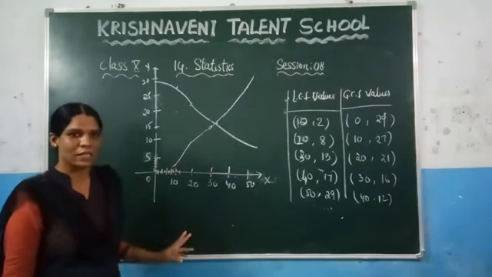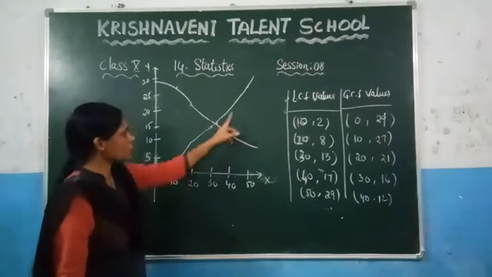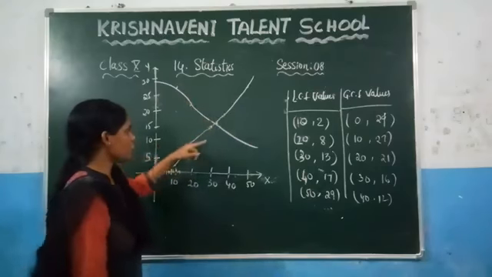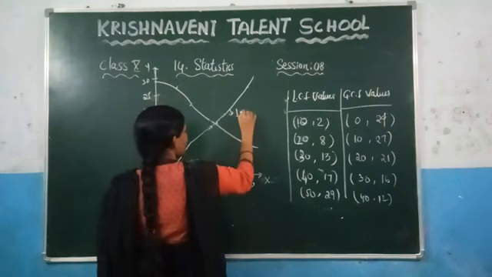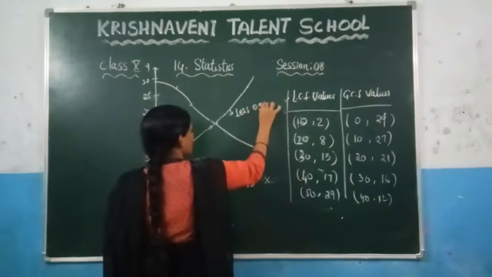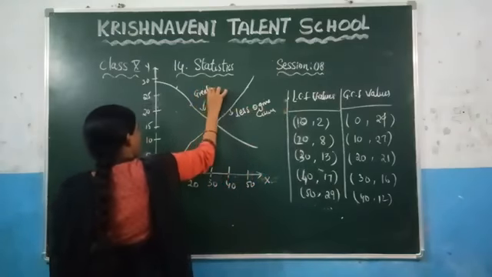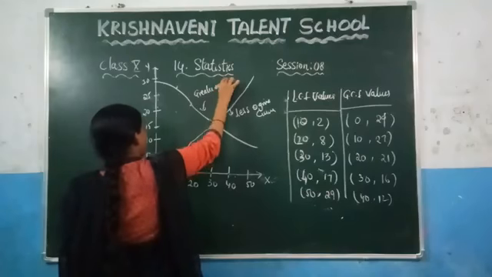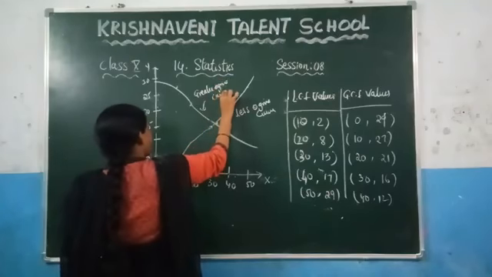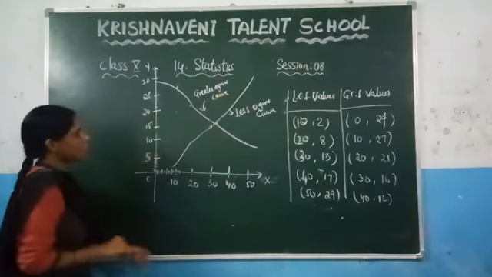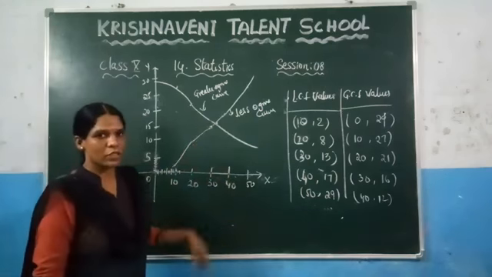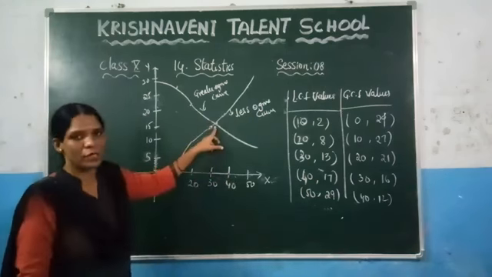If they ask like this, then you need to draw the less Ogive curve and the greater Ogive curve. This is the less Ogive curve, right? And this is the greater Ogive curve. You can observe that after drawing, these two curves intersect at one point, right?